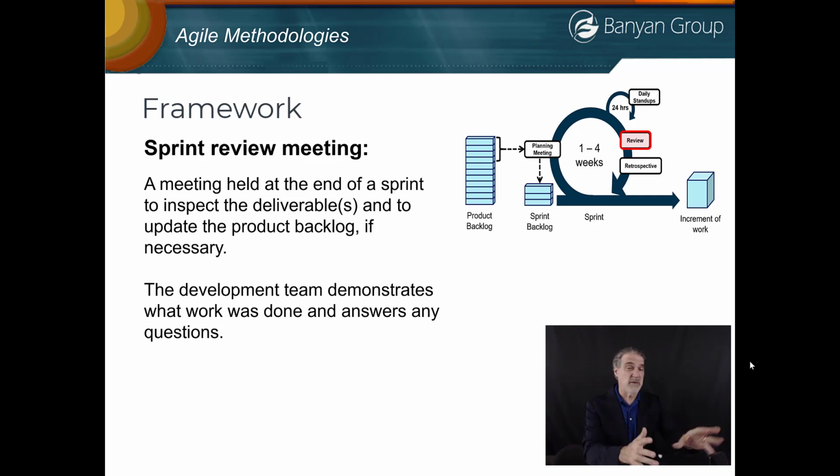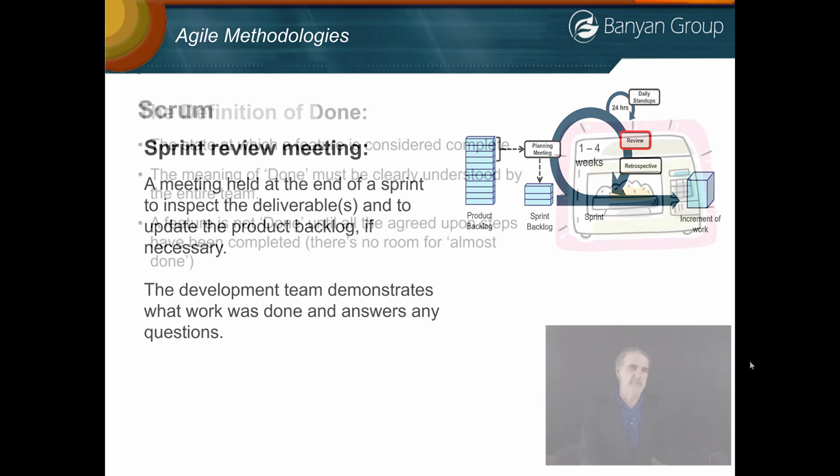And they might throw some of the product backlog items out and add some new ones to take the team in a better direction, a direction where they perceive more value. So these are very important meetings because it's the opportunity to get that valuable feedback that all Agile projects need.